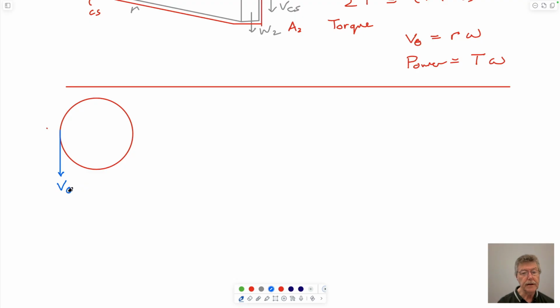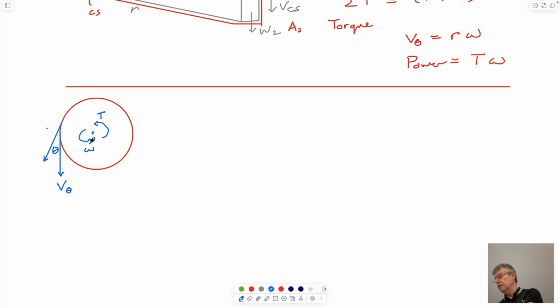So we have V theta. If we have something coming out at some angle out here, we would have rotation in this direction, which is omega, torque also applied positive in that direction relative to a center.